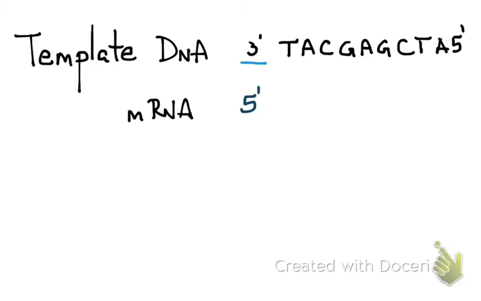And now we're going to write down the complementary base pairs. In mRNA, T's from a DNA template pair with an A, A's pair with U's, C's with G's, and G's with C's. And so if we finish out the rest of the sequence, this is what we will get.